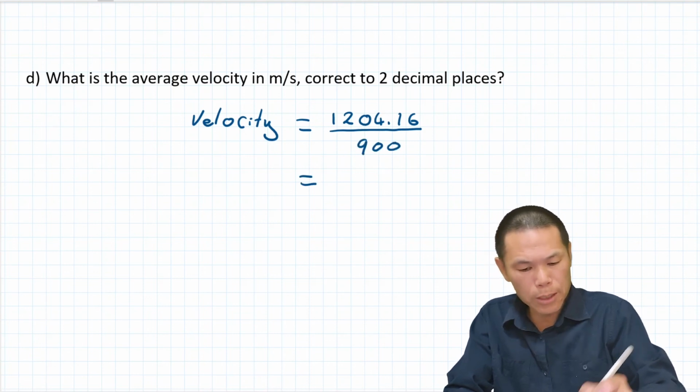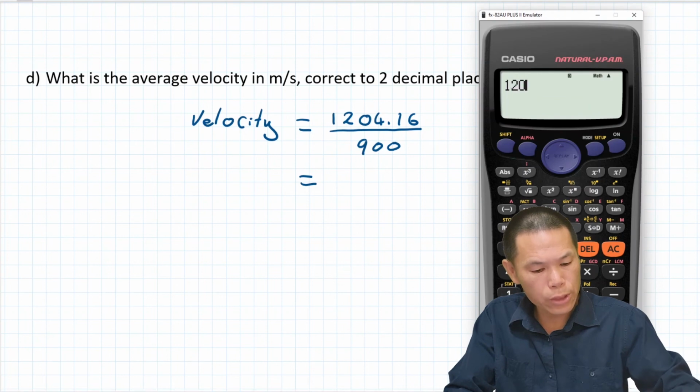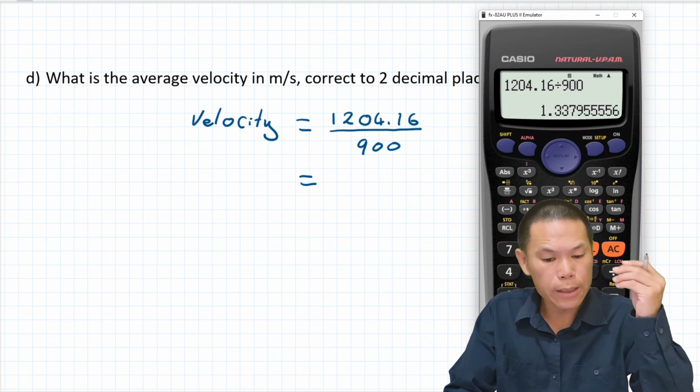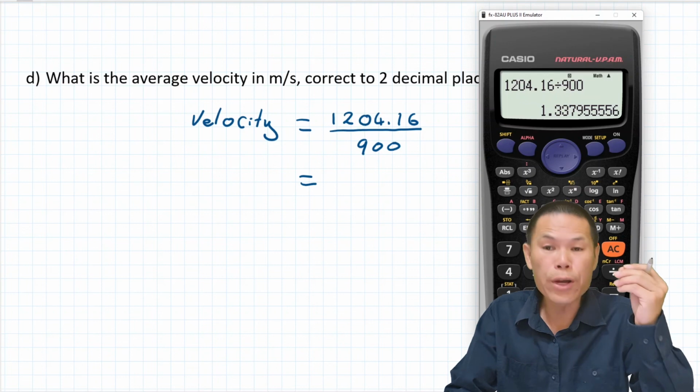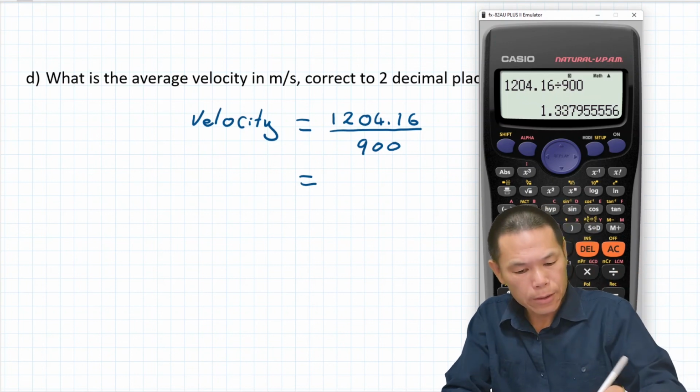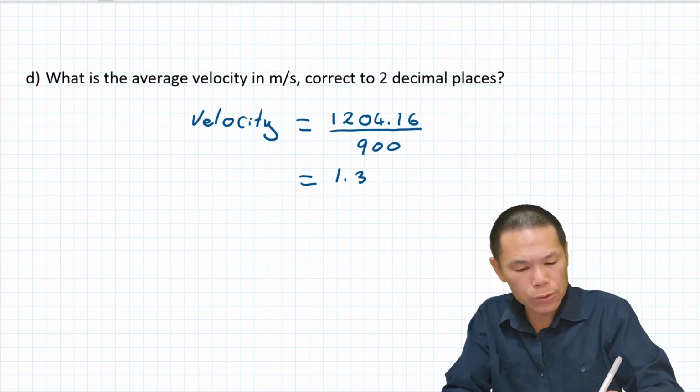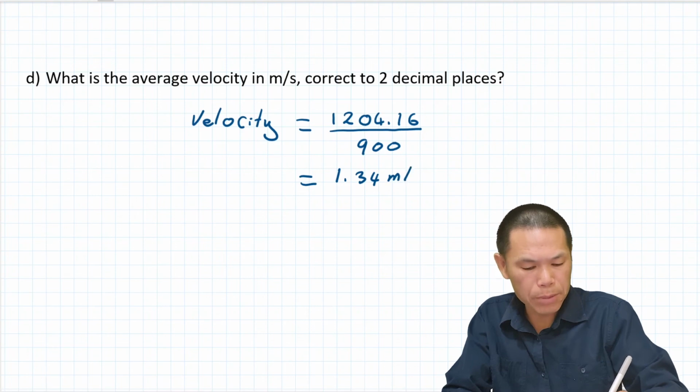So 1,204.16 divided by 900 is 1.34 meters per second.